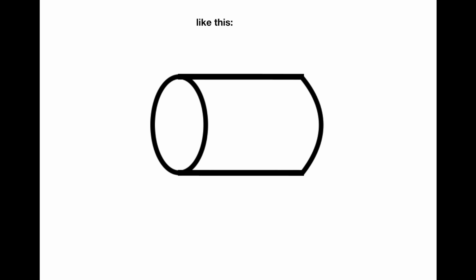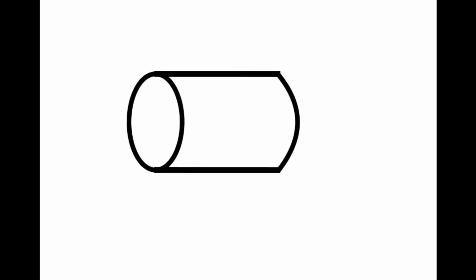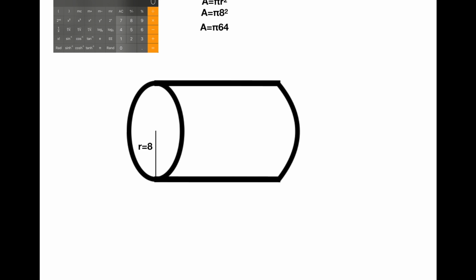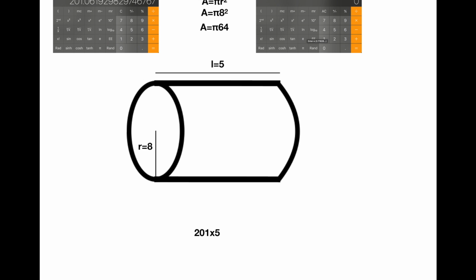If we turn the cylinder like this, on its side, and you have to know the radius, which is 8, let's say, and area equals pi r squared, so area equals pi 8 squared, which is pi 64, and we can get the calculator out, which equals 201.0619.